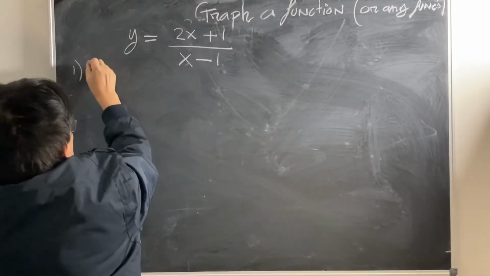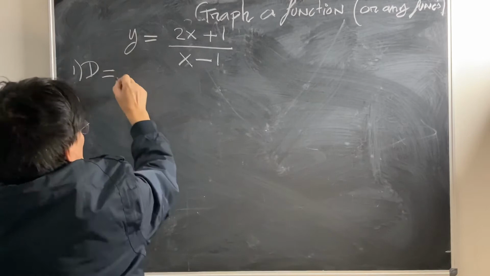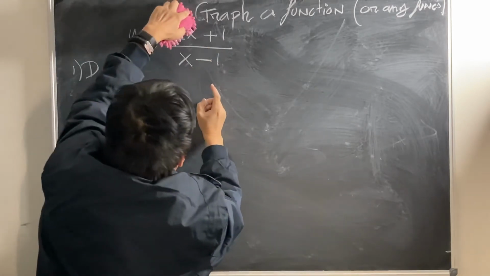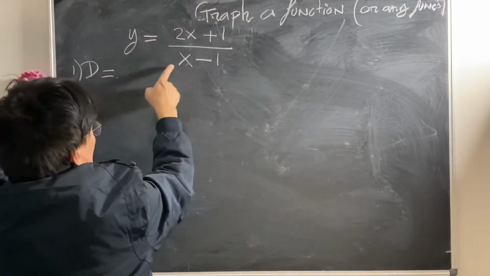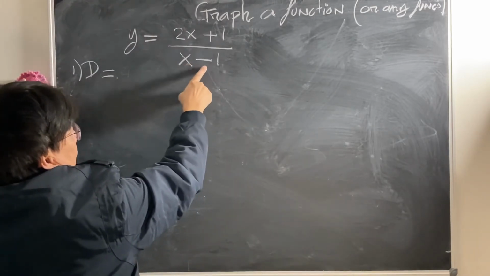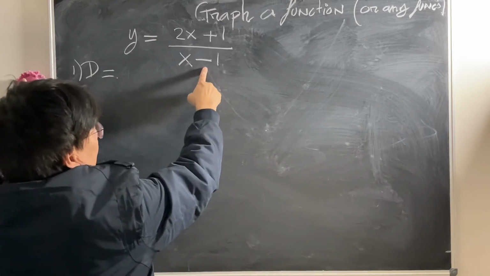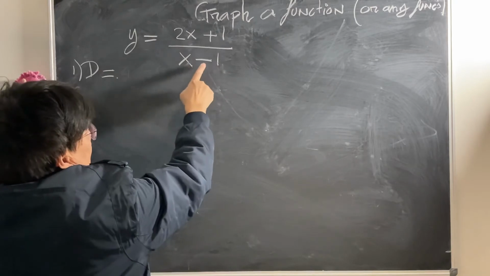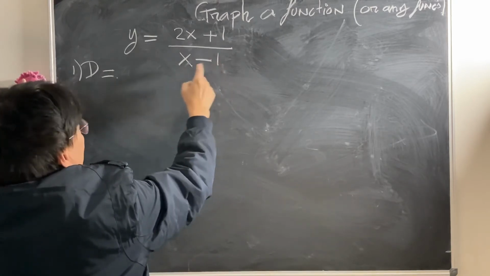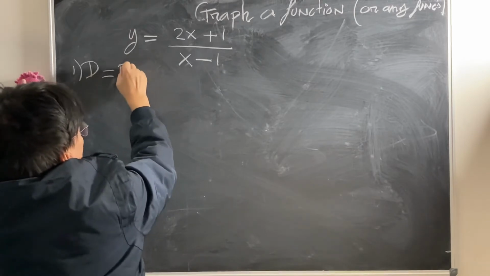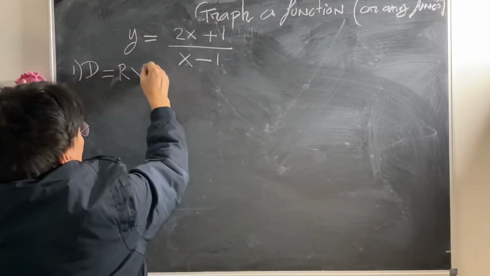For the domain, we have a denominator here: x minus 1 cannot equal 0, so the domain is all values except x equals 1.